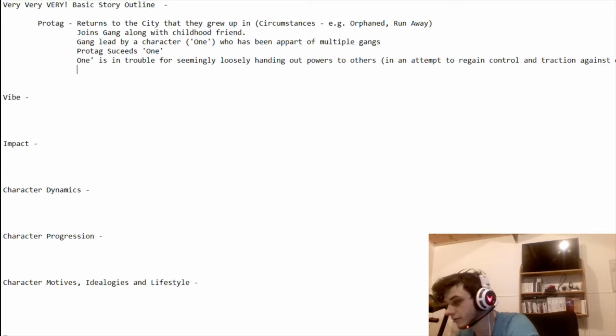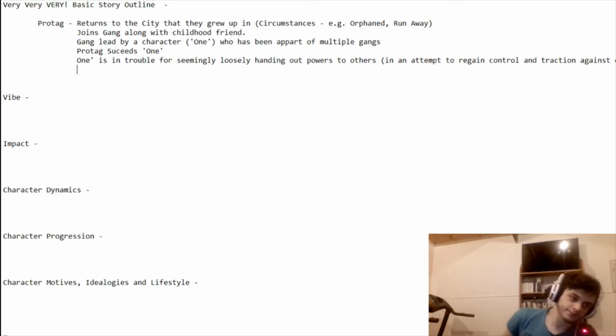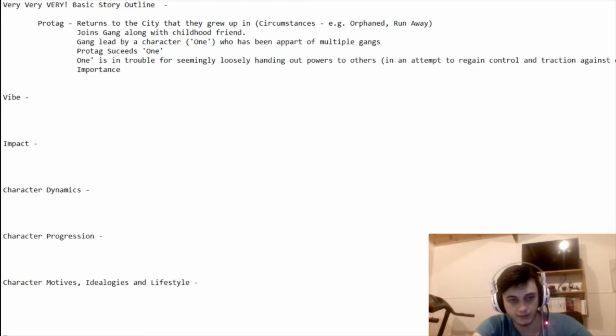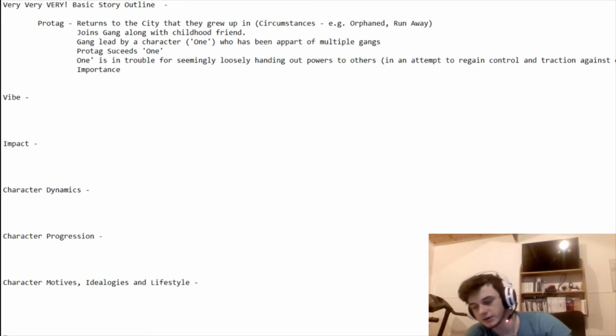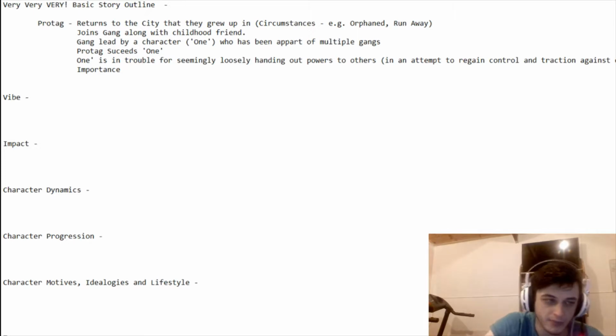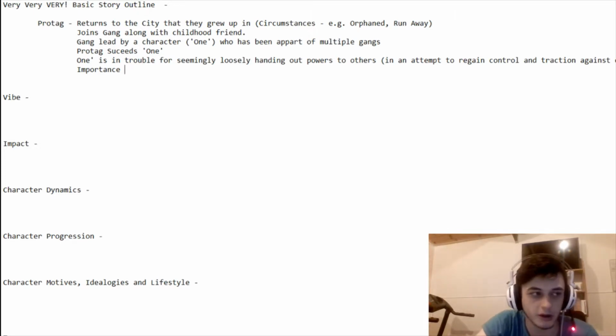Importance of clothing. Okay. Yeah, it's more of a design thing. I'll write it down. It could be a number of things where it's characters individually, because I know there are some things I want to represent with one's clothing.